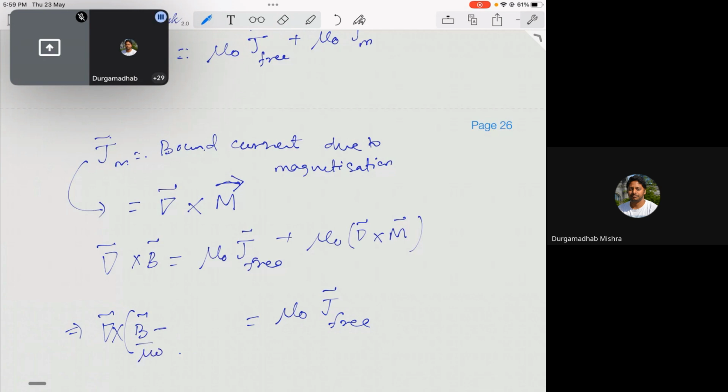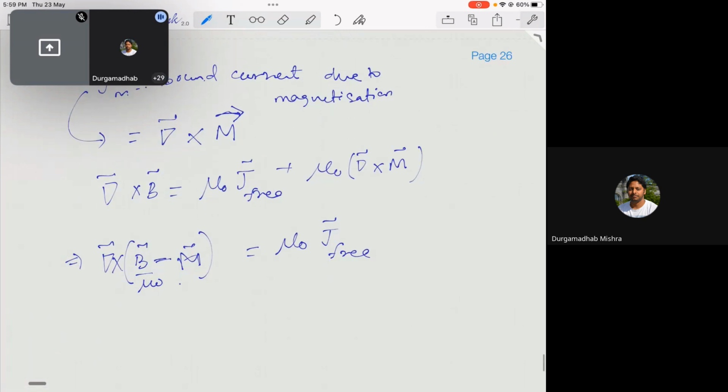This is the modification that we are making because of the material that we are talking about.